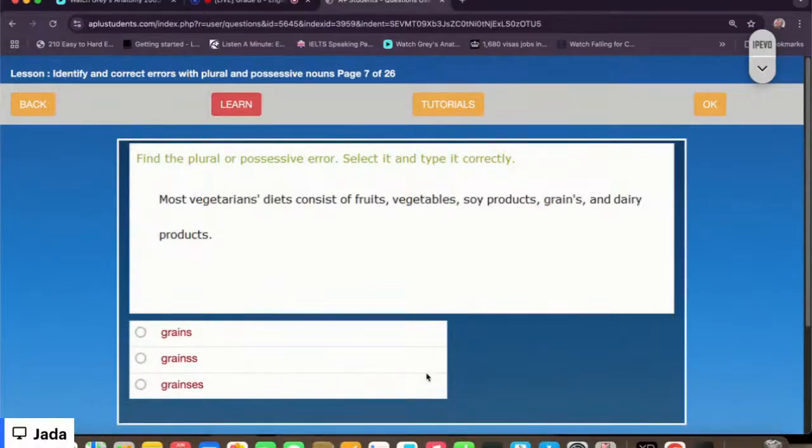Most vegetarians' diet consists of fruit, vegetables, soy products, grains, and dairy products.